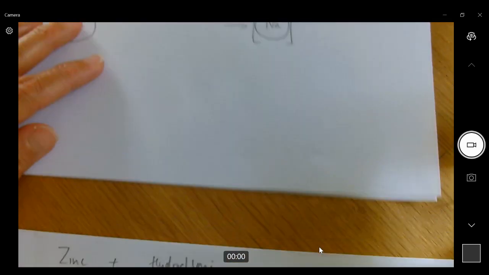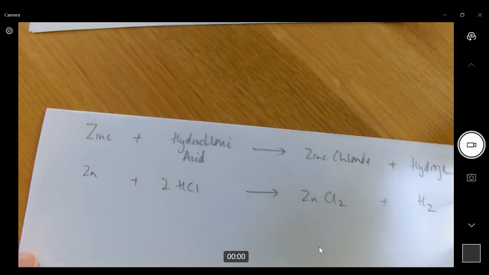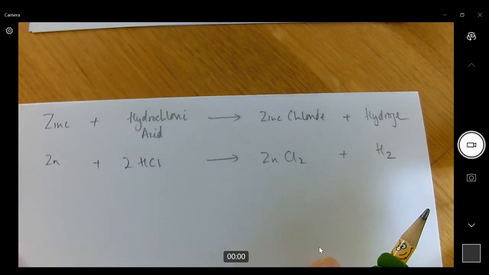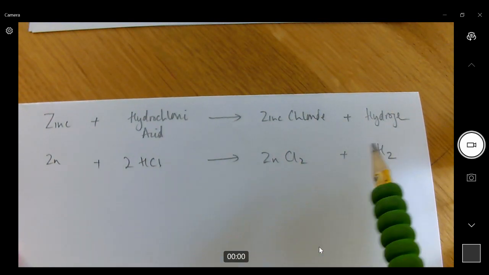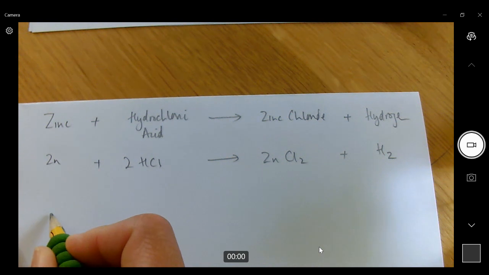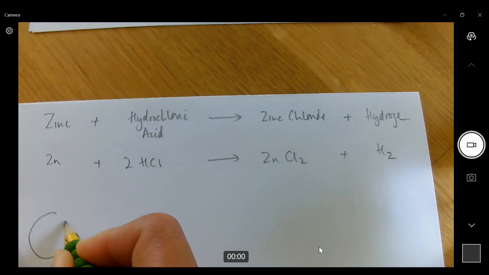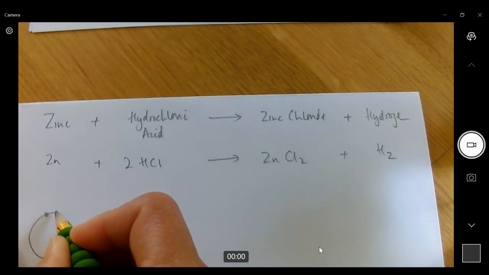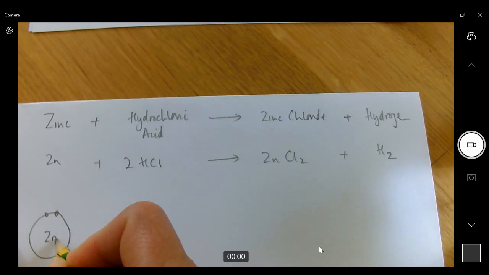Let's look here, a different reaction. We've got zinc plus hydrochloric acid gives us zinc chloride plus hydrogen. Again, when the zinc atom reacts, I'm going to just draw this again just with the outer shell electrons.